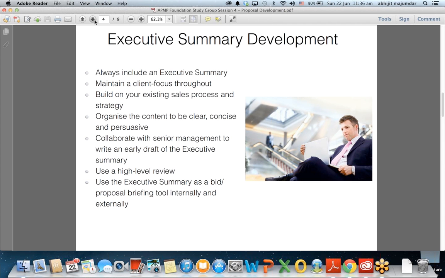Typically in the service industry, where everybody is offering the same set of services with most of the same capabilities, he just moves through it like a checklist: okay, this company, that company. But if you really want to differentiate yourself in the customer's mind, your executive summary must be very strong.